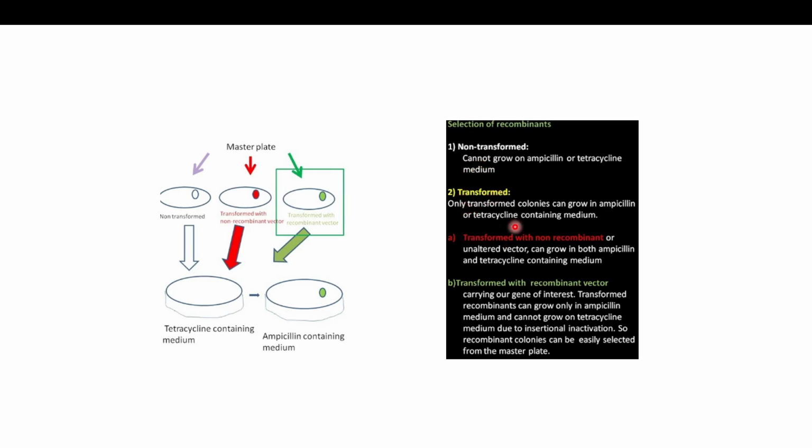Now, among the transformed cells, we don't really know if our gene of interest has been incorporated or not. If only the pBR322 plasmid has gone inside the cells, it will still help the cells survive in either ampicillin or tetracycline medium.